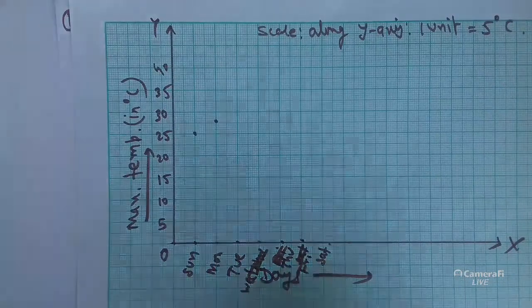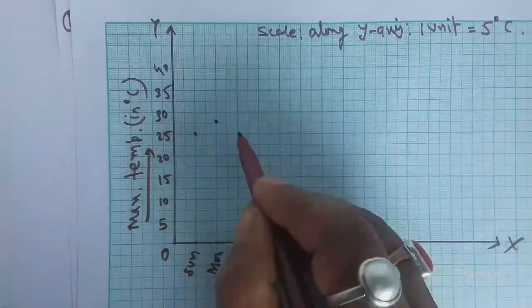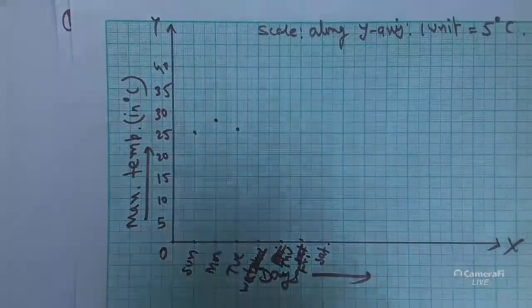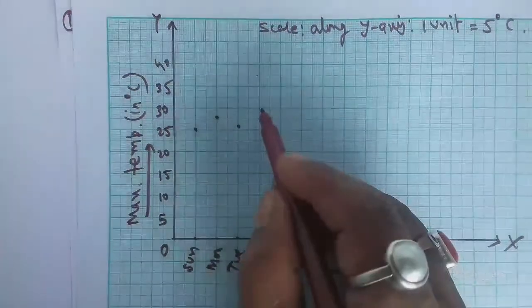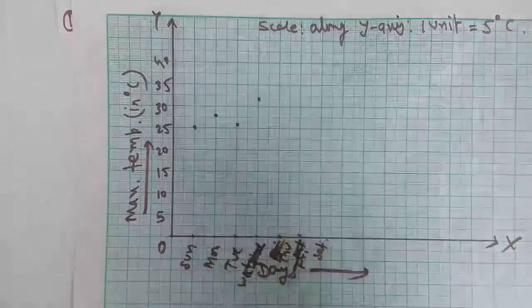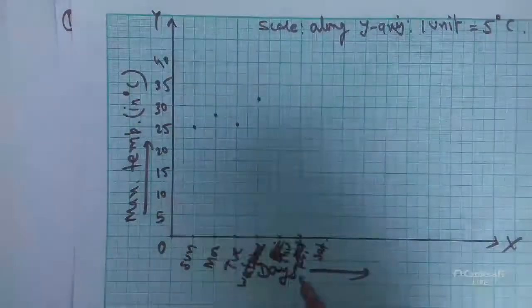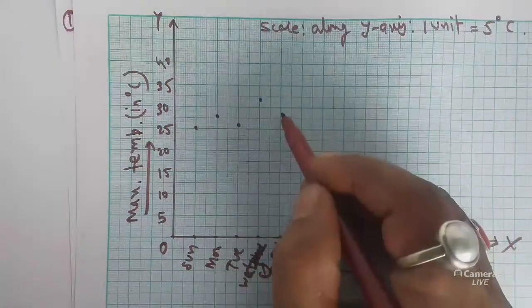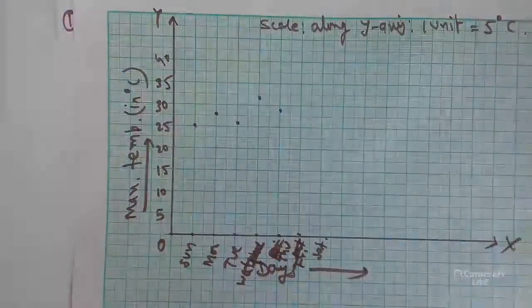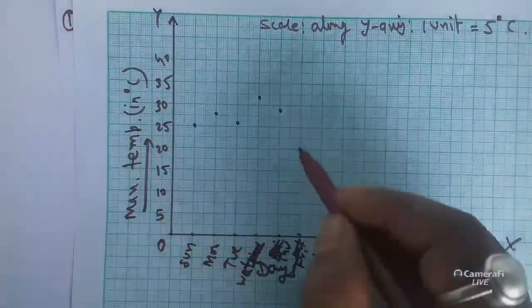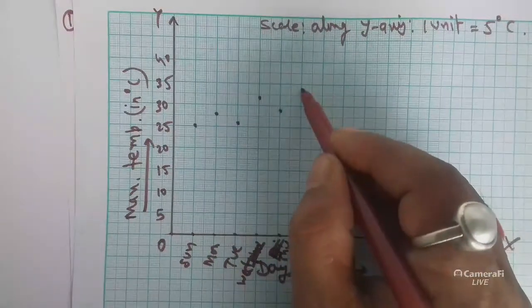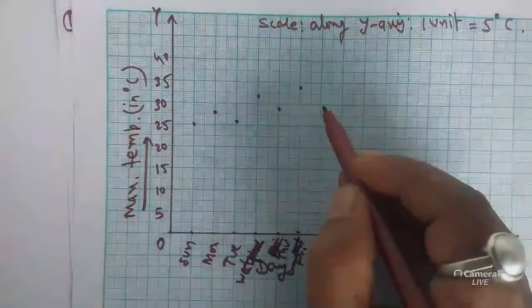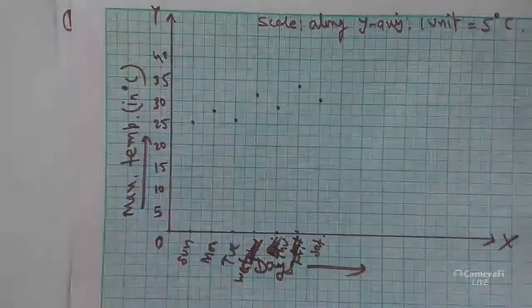Then Tuesday is 26. Then Wednesday is 32, so it is 30, 32. Then Thursday is 29. Then Friday is 34, and Saturday is 31.